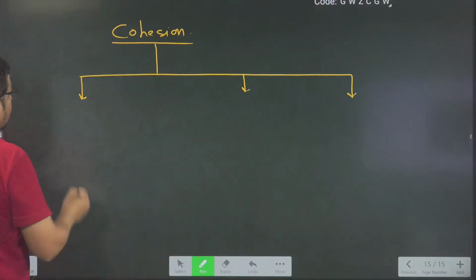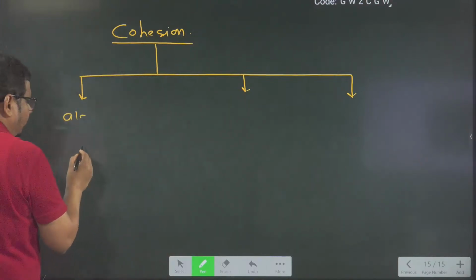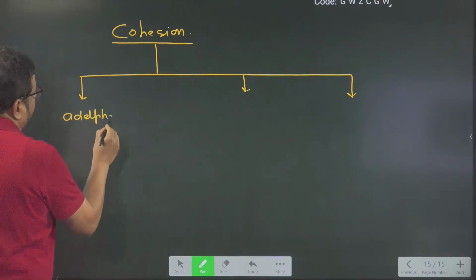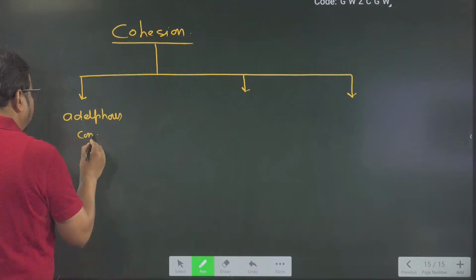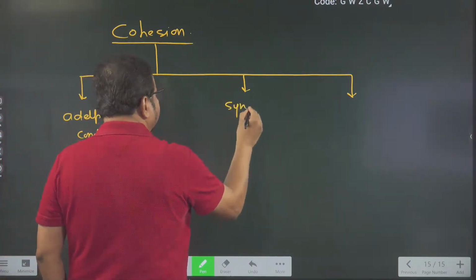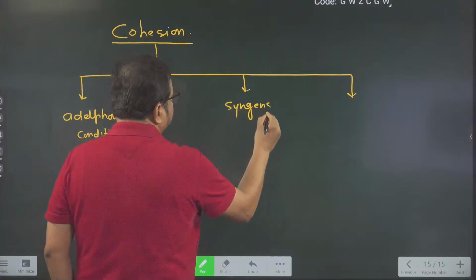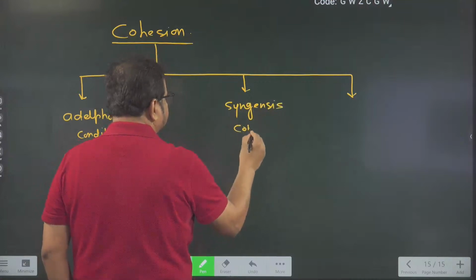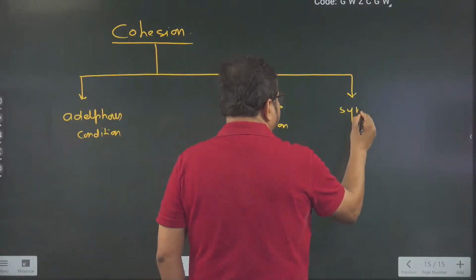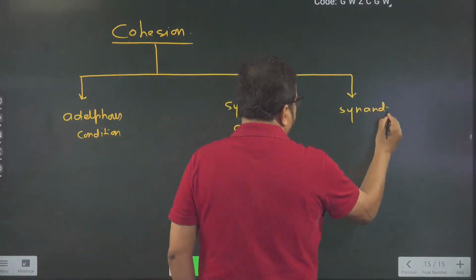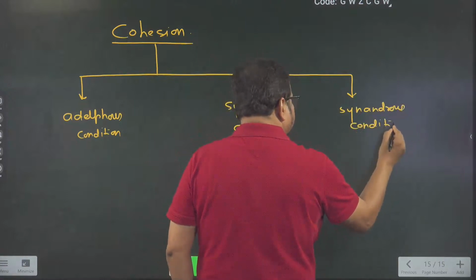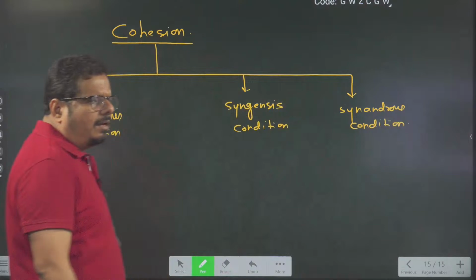One is adelphous condition. Another one is syngenesious condition. And the last one is synandrous condition. Did you get the idea?